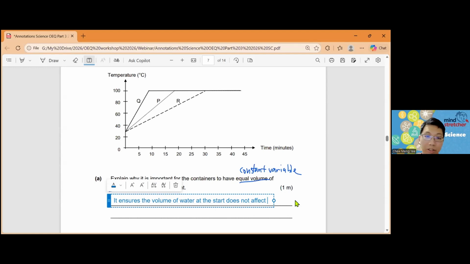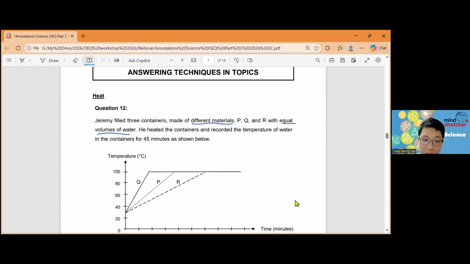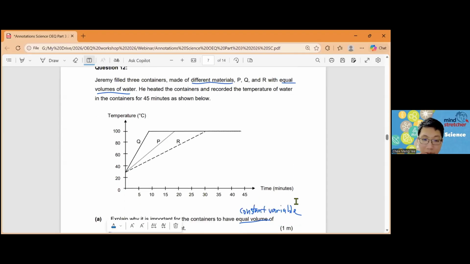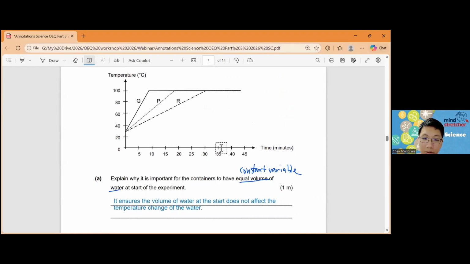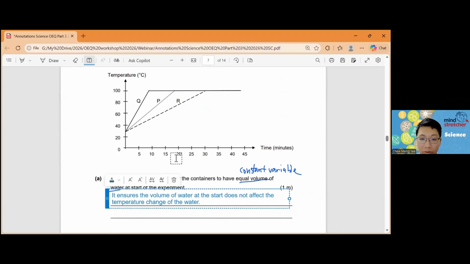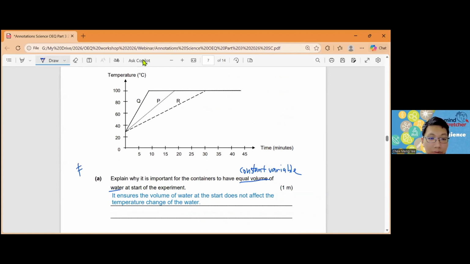In this case, what are we measuring? Temperature. Or you can say temperature change to be more specific. Does not affect the temperature change of the water. Or you can say how quickly the temperature changes. So this is a fair test. I'm going to put it at the sides.